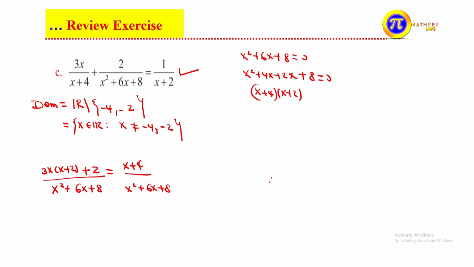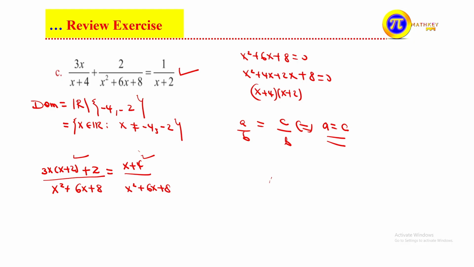After obtaining this, since they have the same denominator, x plus 4 times x plus 2, we can equate the numerators. We have a over b equals c over b, which is true if and only if a and c are equal, since the denominators are the same and b is different from 0.